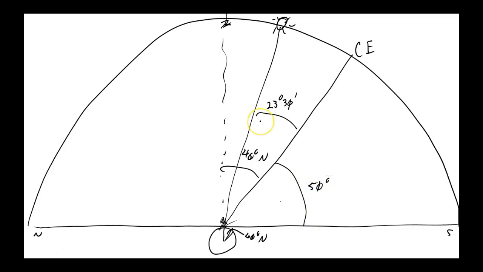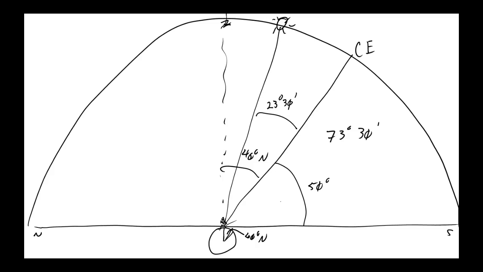And then the sun is another 23.5 north of that, so what would that be? 73 degrees, 30 minutes. That is the altitude of the sun above the southern horizon at noon if you're at 40 degrees north. Very good.